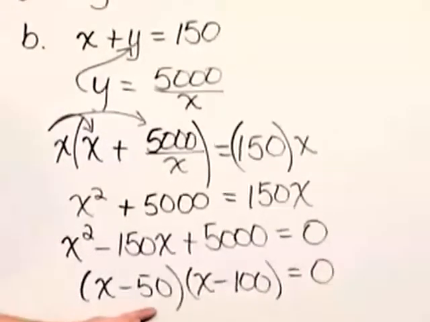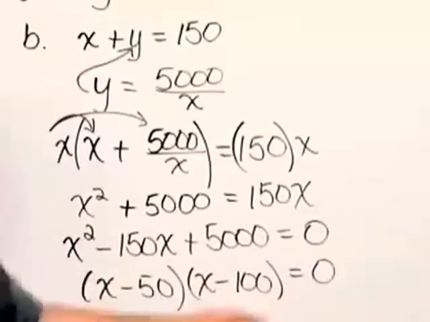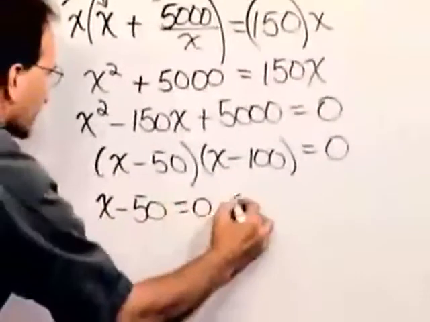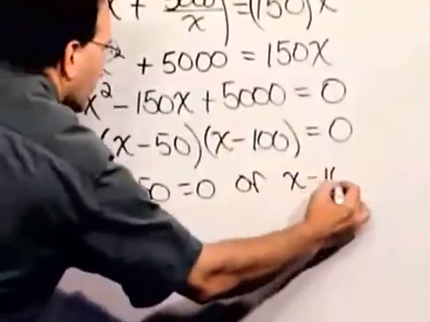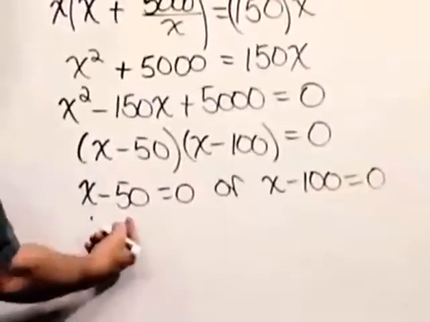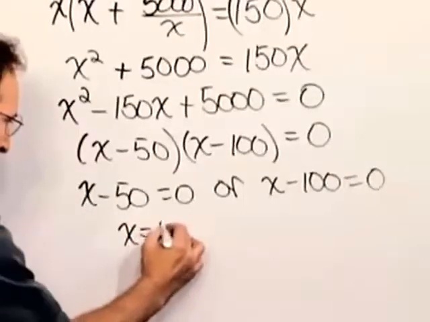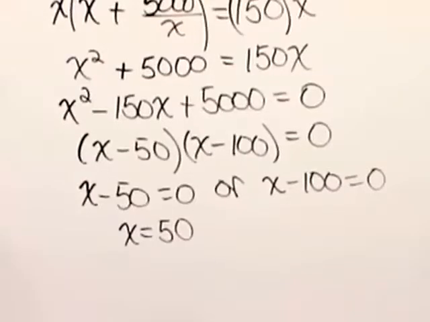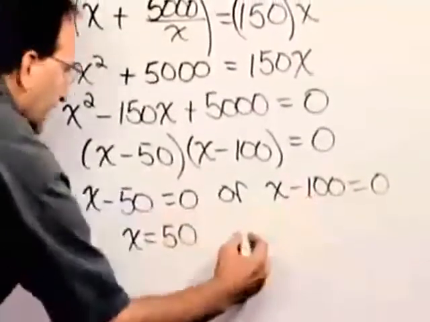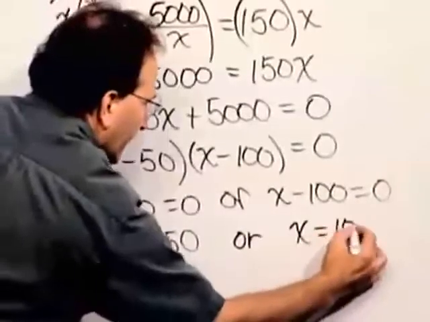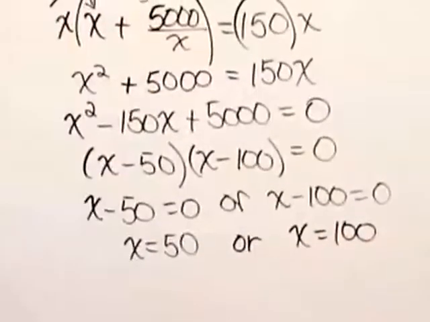Now we set each of these factors equal to 0. That is, x minus 50 equals 0, or x minus 100 equals 0. In this first instance, we add 50 to both sides, which results in x equals 50. In this second equation, we add 100 to both sides, which results in x equals 100.